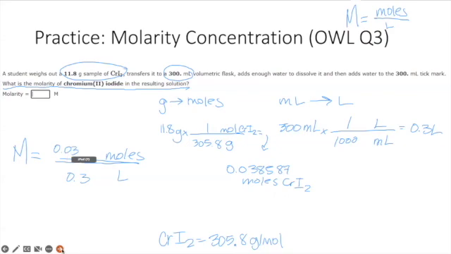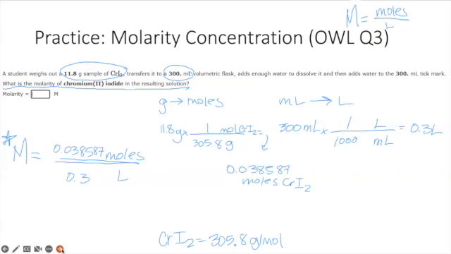Don't worry too much about rounding off to your sig figs just yet. Carry as many digits as you want. When you go to do this final calculation, the big M calculation, that's when you worry about your sig figs. Moving forward, always kind of forget about the sig fig rule to some extent. Remember it for the exam, but just use the number of sig figs in your given quantity.